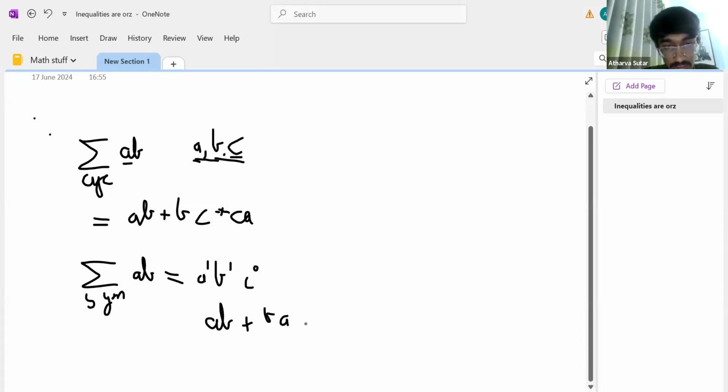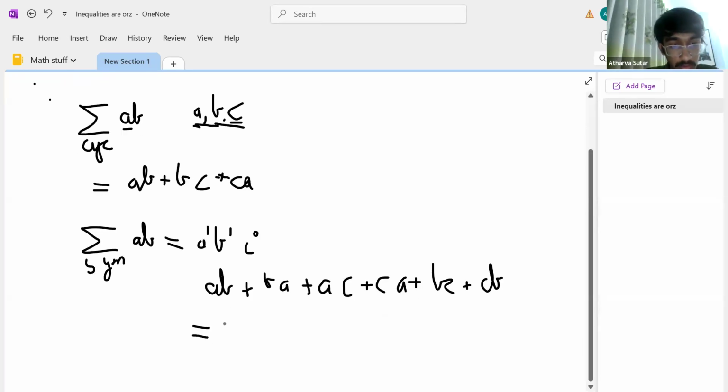Then there will be ACB, which gives AC, and so on. And notice that this is equal to 2 times AB plus BC plus CA.